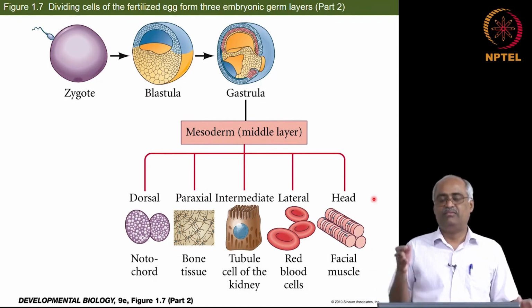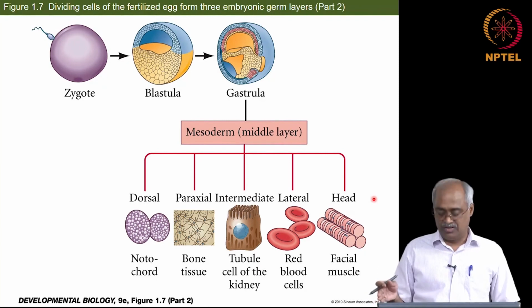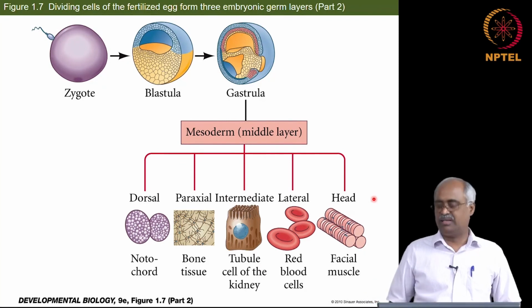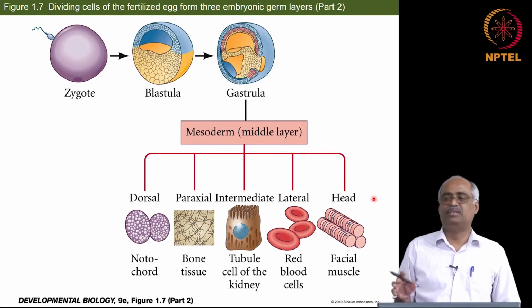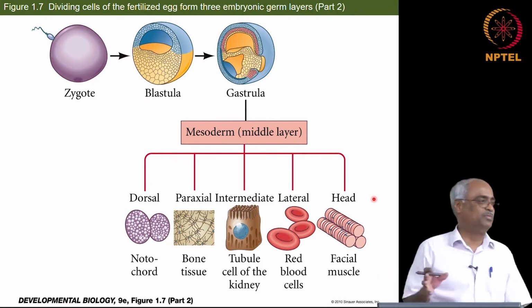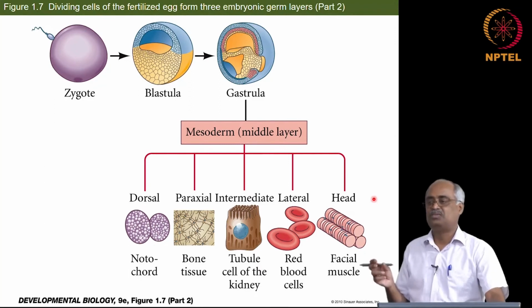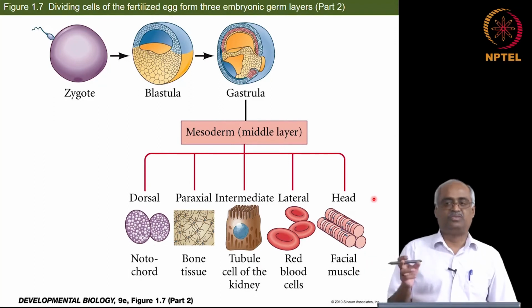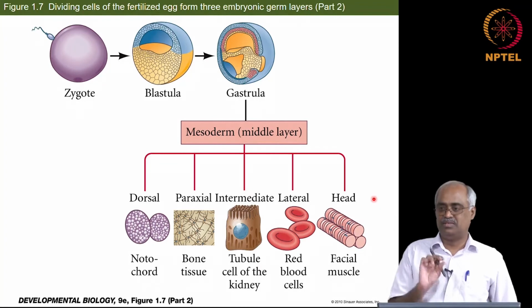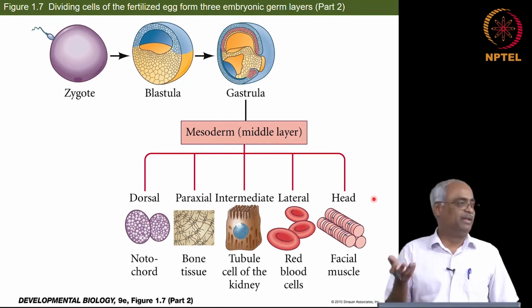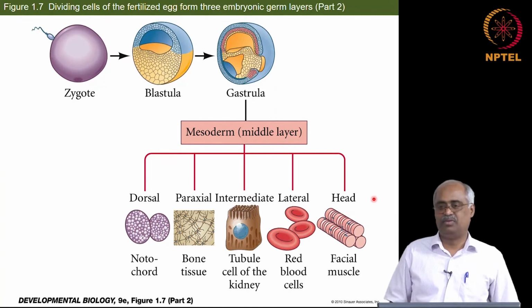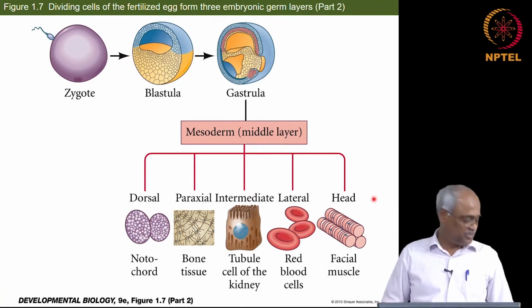You need not know all of the cell types that come from mesoderm, but at least you should be able to say mesoderm means internal organs are formed from that. And some outstanding examples like intestine, the outer side is mesoderm and inside is made from endoderm, and brain and skin surface is ectoderm. So, at least that much you should know.